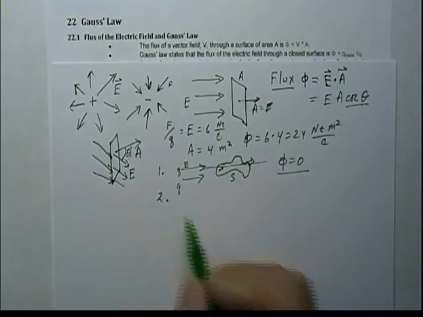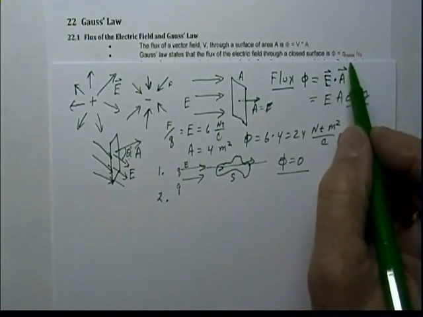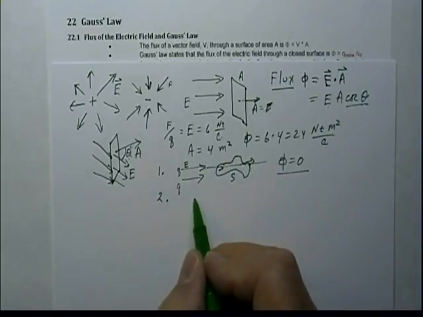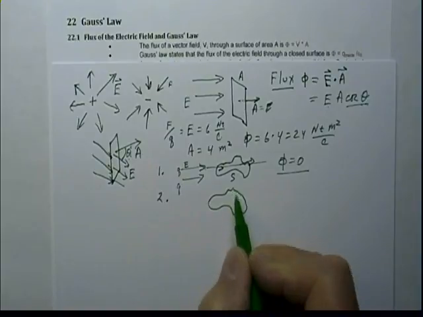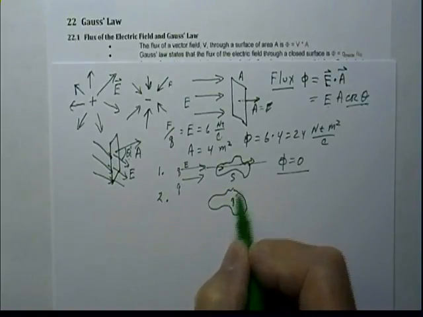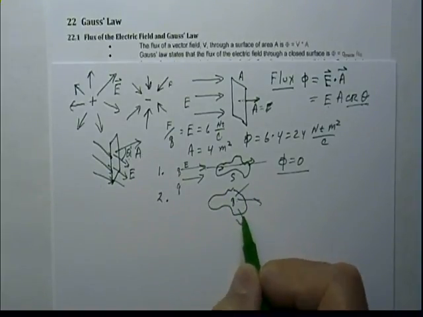In the second instance, we have a charge that's inside. If we think about a charge being inside that same surface, here's a charge Q, then the electric field goes out in every direction.